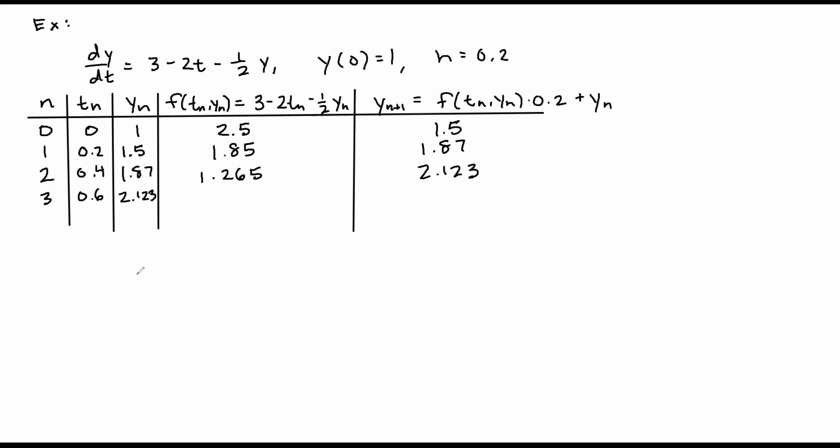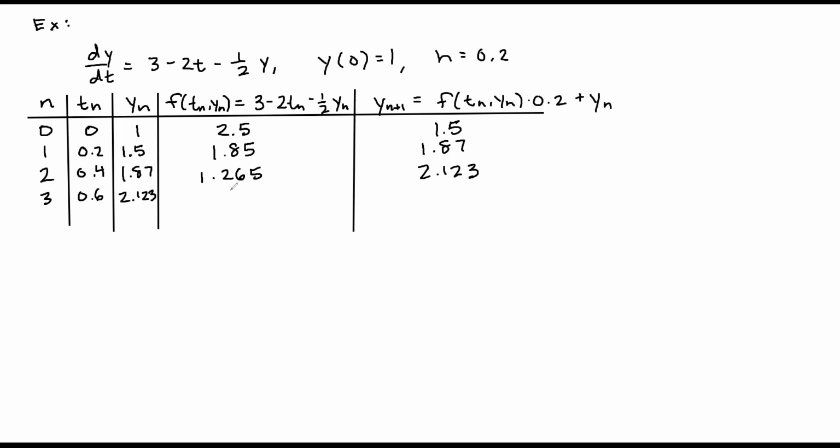If you only wanted to figure out the outcome to the differential equation where t is 0.6, you could just stop there. You only need to go as far as where you want the value. But if you want to go all the way to 1, you can just keep going.